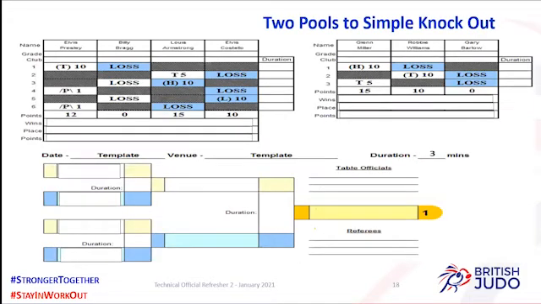So let's have a little look at it. We've got 2 pools, and just to make it clear, we've got a pool of 4 and a pool of 3, and we're going forward into a simple knockout. So would anybody like to take a stab at which 2 players go through from the pool on your left side, the pool of 4, which 2 players go through and in what position?